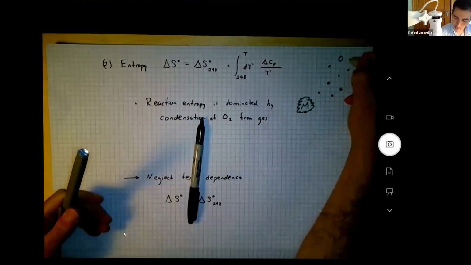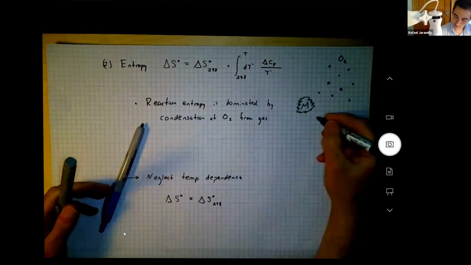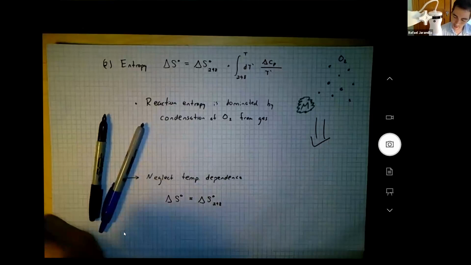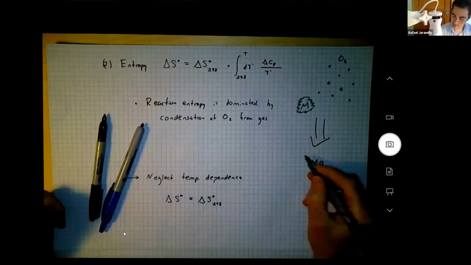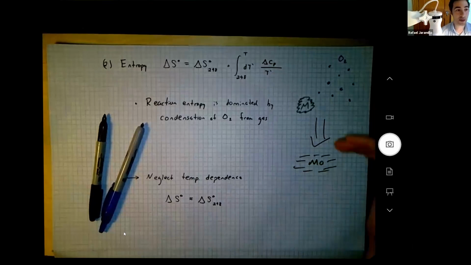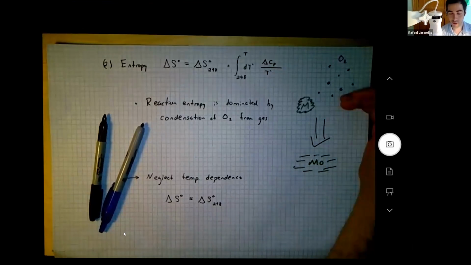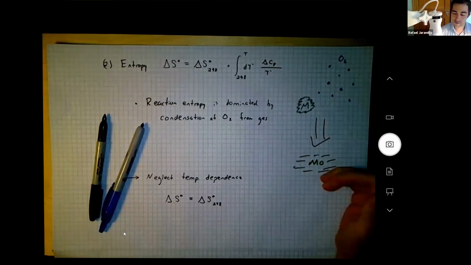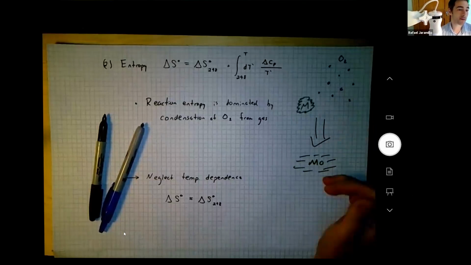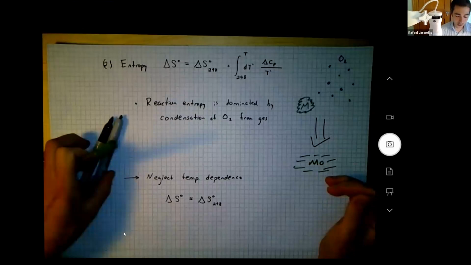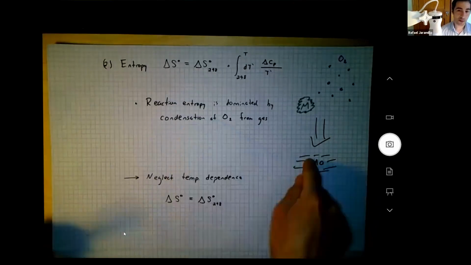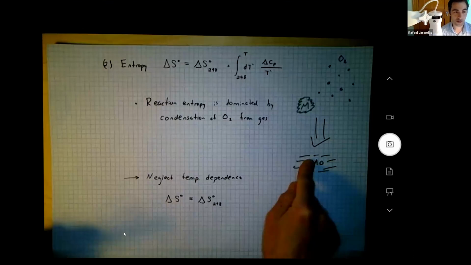This reaction pulls the oxygen out of the gas and makes a metal oxide. So the reactants have much, much higher entropy than the products, simply because the reactants included a mole of gas and the products don't include any gas. In almost all cases, that change dominates the reaction entropy.